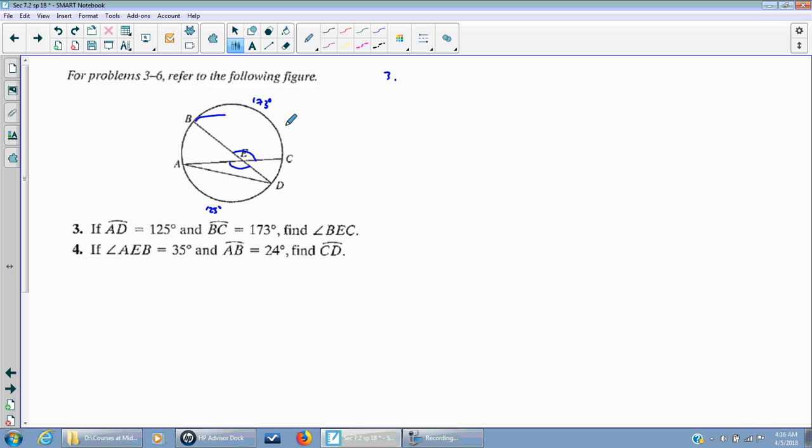Let me try that again. Yes, this arc, and those are the two arcs we're talking about. Okay, so the previous theorem says the measure of angle BEC is 1/2 the measure of the arc BC, plus the measure of the arc AD, the arc that's formed by its companion vertical angle.